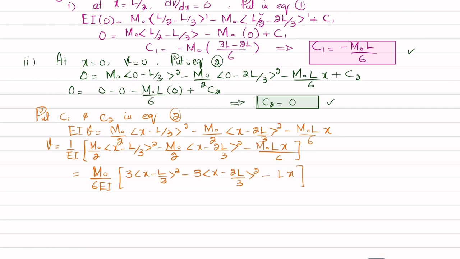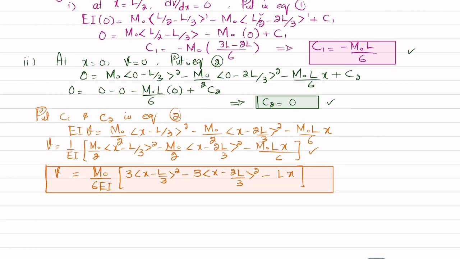If you multiply m naught over 6 EI, you will get the same equation that is mentioned above. And this is the required equation of elastic curve, or this is the equation of deflection.